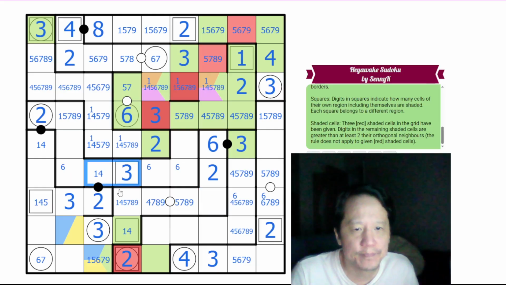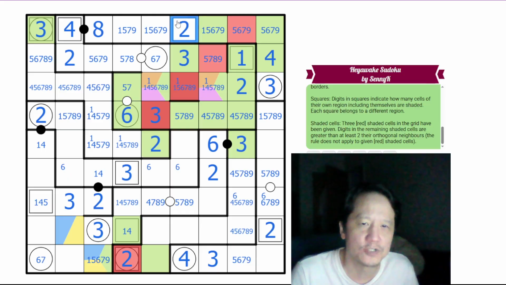Okay. Interesting. I totally forgot about that, though. This is 2, so it cannot be shaded here. If this were shaded, it only has 1, 1 that it can be greater than.